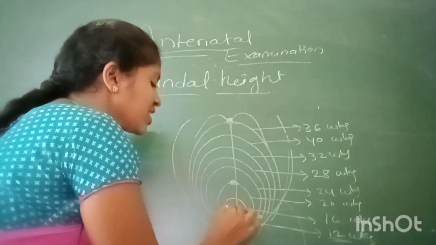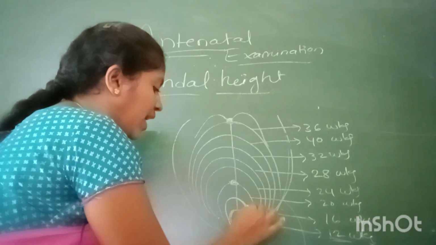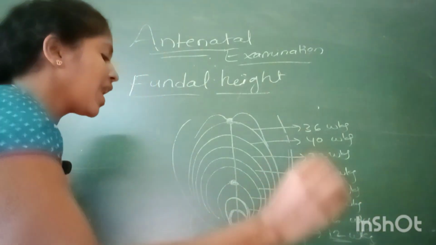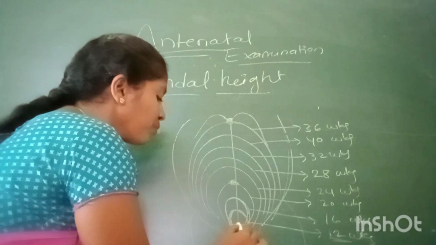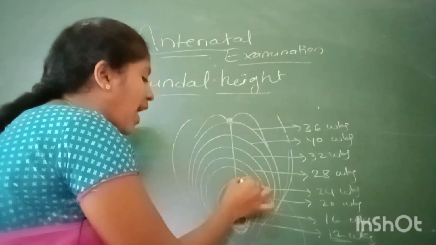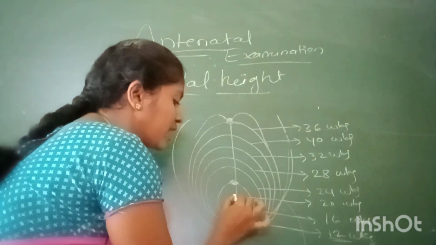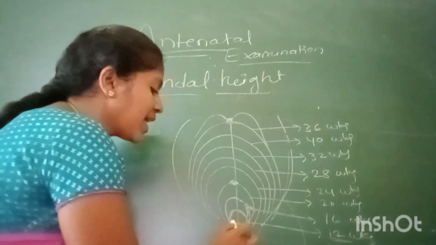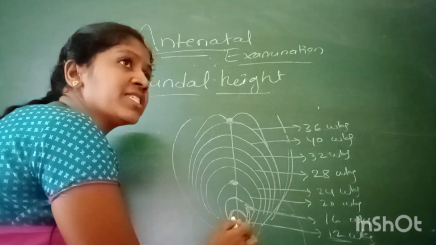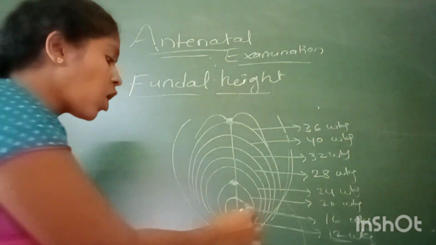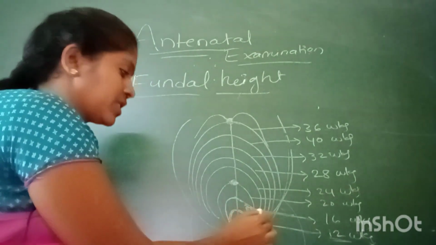And during the 16 weeks of gestational age, the fundal height lies between the symphysis pubis and the umbilicus. This is called the symphysis pubis.